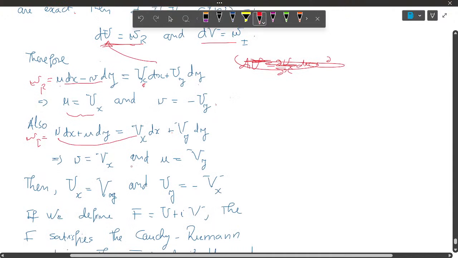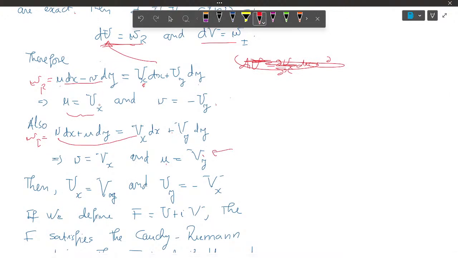Then here this is small u, this is also small u, then they are equal. So capital Ux is equal to capital Vy. And look, this is small v, this is also small v. That means that capital Uy is minus capital Vx.